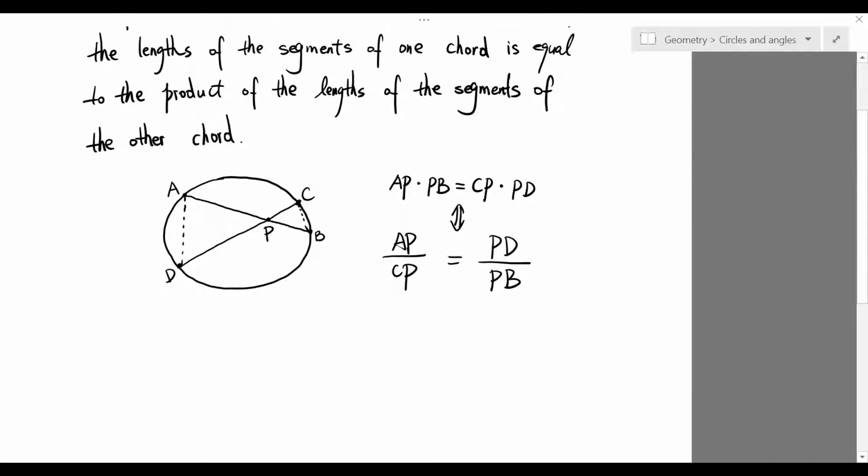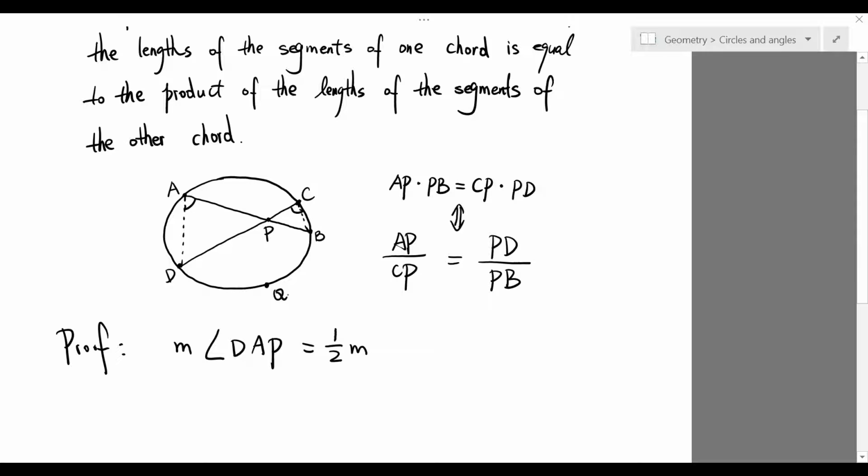Let's justify this claim. In fact, we observe that the angle DAP and the angle BCP are both inscribed angles of the circle intercepting the same arc. More precisely, we should have the measure of DAP equal 1/2 the measure of the arc.